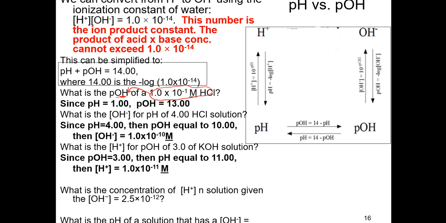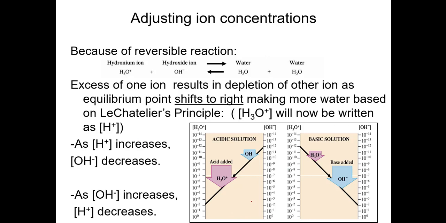Or I could ask you to go from a pH unit to a basic hydroxide concentration unit, and vice versa. Maybe I start off with a pOH and go to a hydronium concentration unit. So let's go backwards in time to figure this stuff out. First thing we need to investigate is something called Le Chatelier's principle.